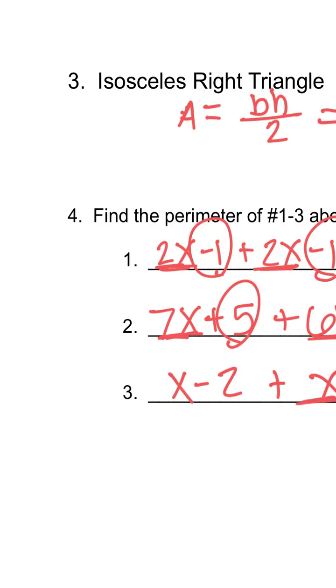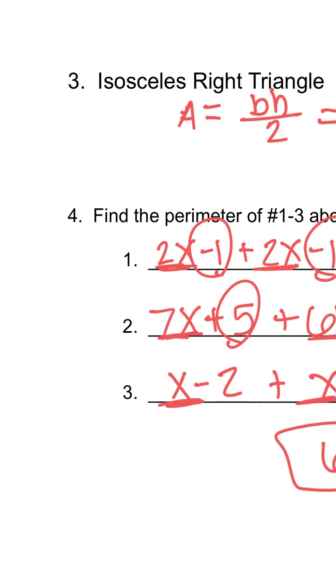Yeah, you're right. That's negative 2 minus 2, which is negative 4, and that plus 1 is negative 3. Yes. Okay, that's right. So you should have 6x minus 3 for that one. So basically all we're doing is putting together the like terms.